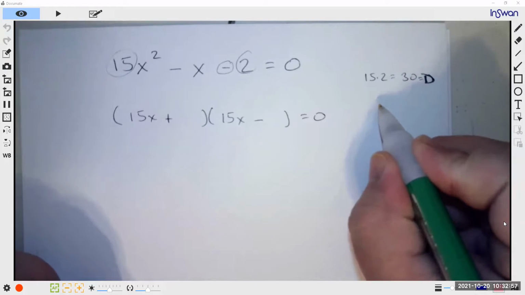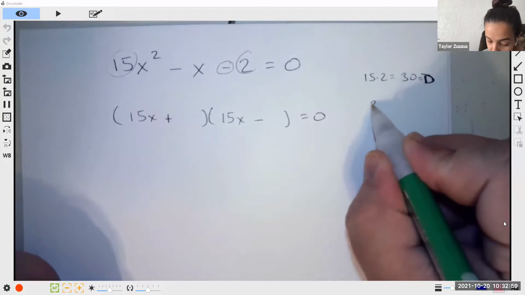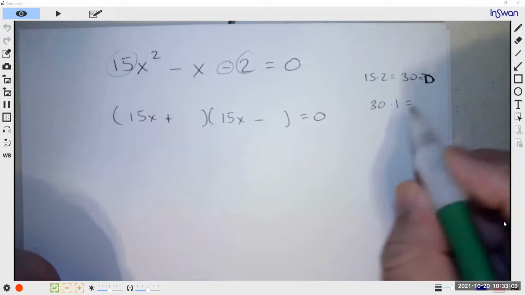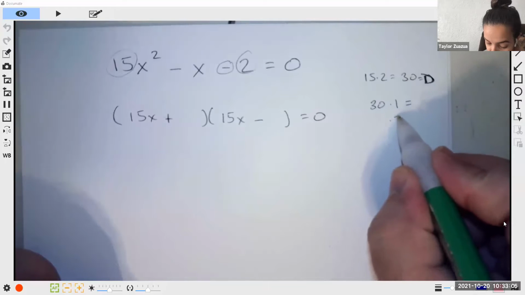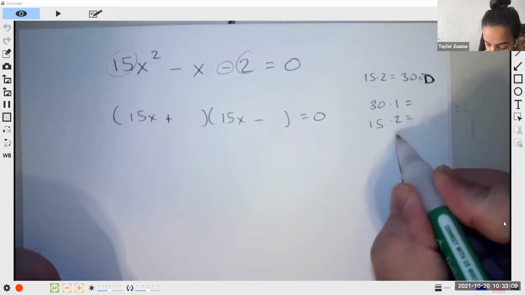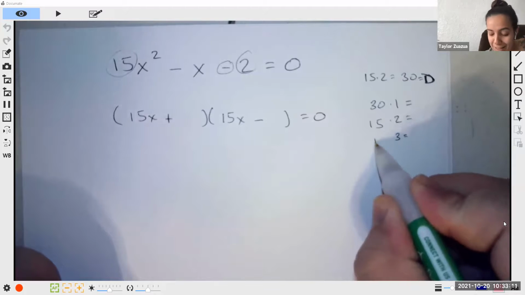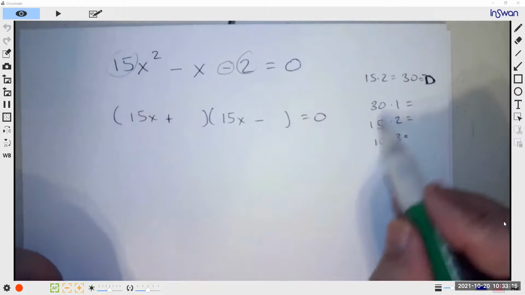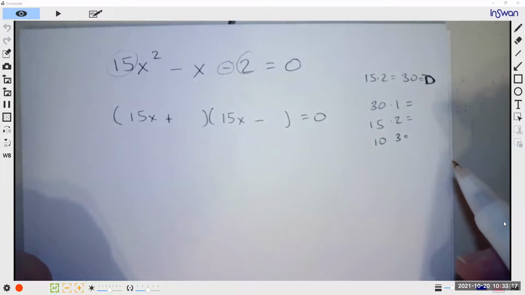So it's 1 times 30 equals 30, and 2 times 15 equals 30. And 3 times 10 equals 30. I always put the bigger one second because it makes it easier for the next step.